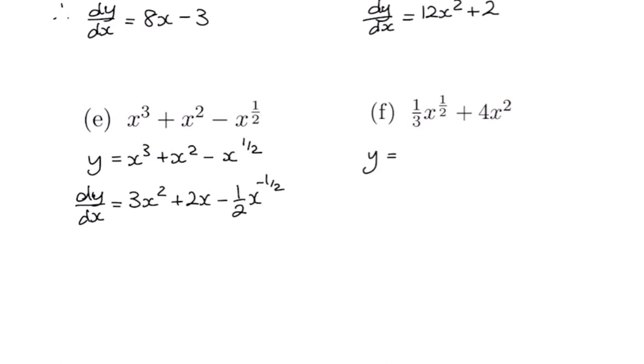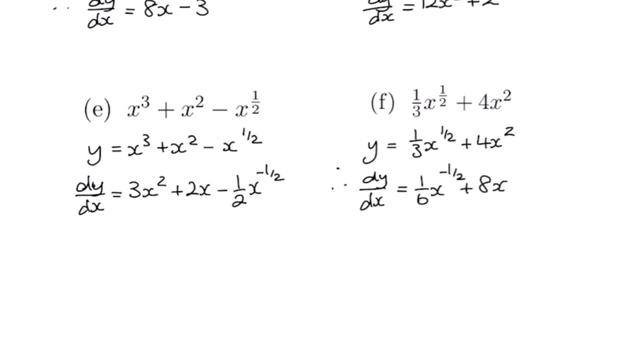And F, we've got y equals a third x to the half plus 4x squared. Therefore, dy dx equals a sixth x to the negative a half plus 8x. So if you have a little look at that, it should start to become quite formulaic.